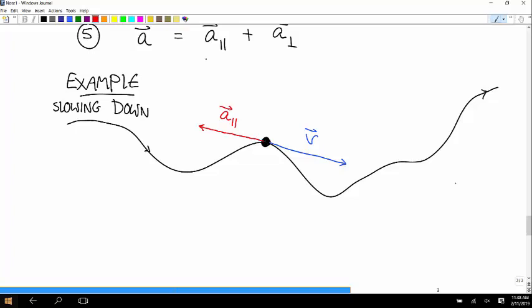Like if there was a steering wheel inside there, you'd have to be steering this way. And so the perpendicular part of the acceleration is this. And so the total acceleration is somewhere in that 90-degree range. Any questions about that?